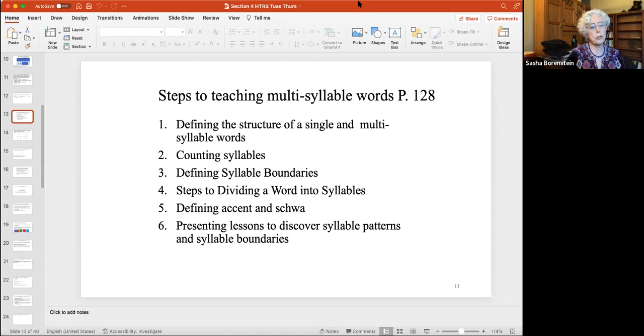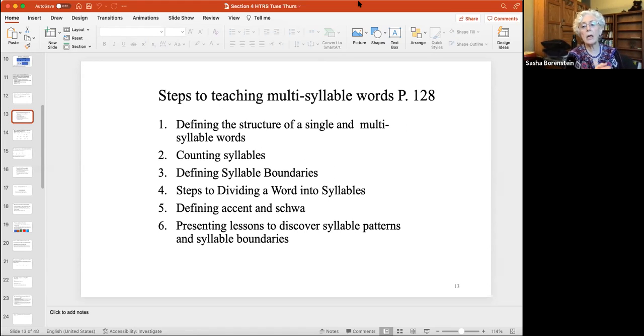How do we teach our students to count syllables? How do we teach our students to define syllable boundaries and divide a word into syllables? How do we define the accent within a single word, accented syllables and unaccented syllables, and how that affects the sound of the vowel?